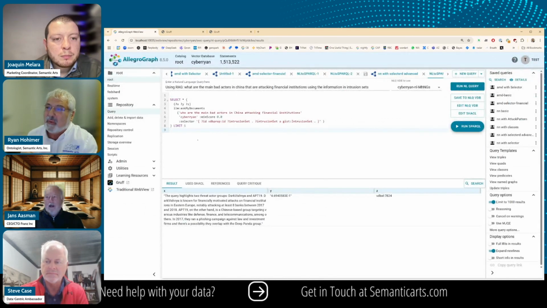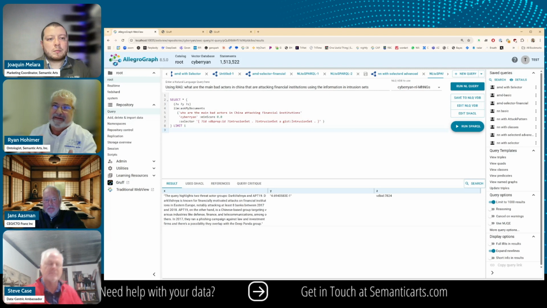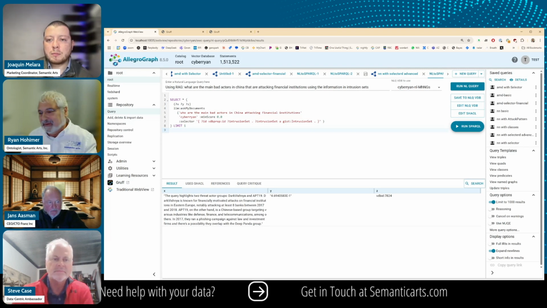We have been looking at the reference data that's available to us from NIST and MITRE and the National Vulnerability Database, all of these different reference data that we've pulled together and harmonized with the cyber ontology.